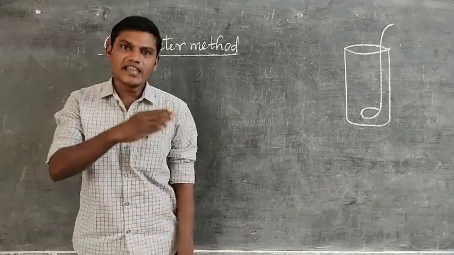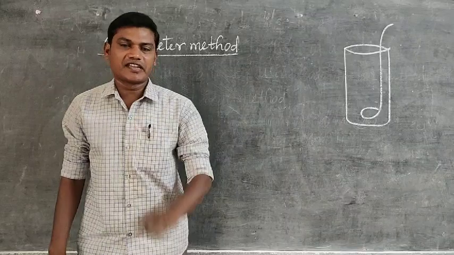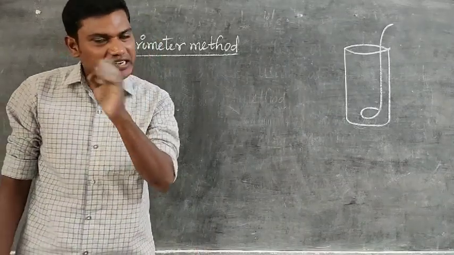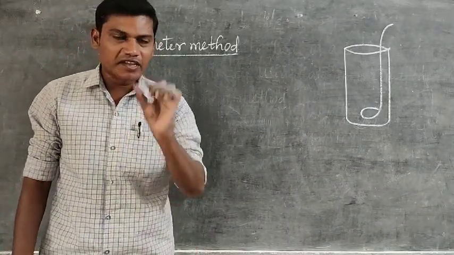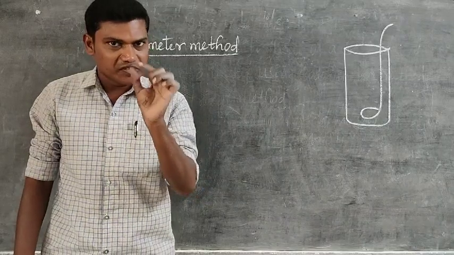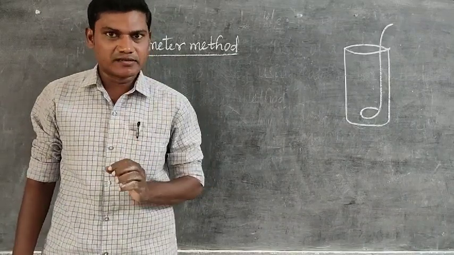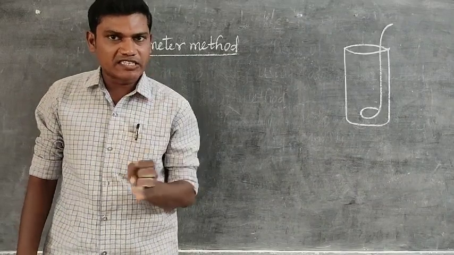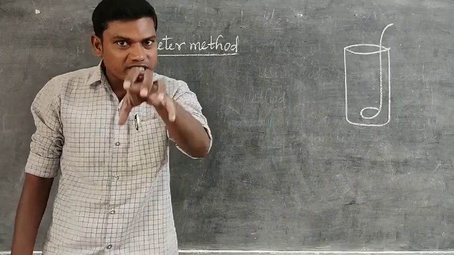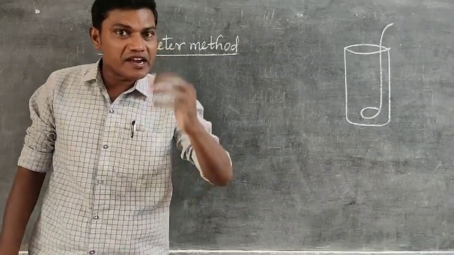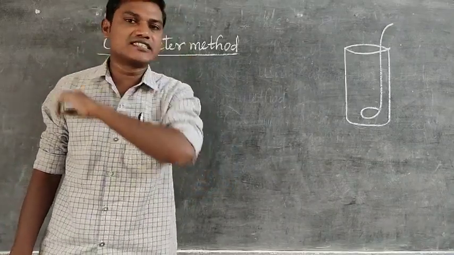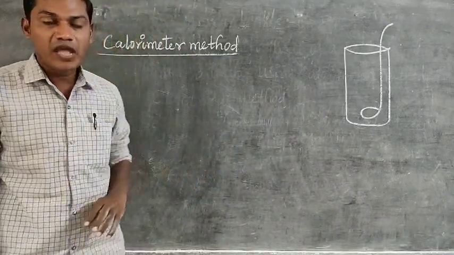In the previous video I said very clearly, calorimetry is a process. In the process of calorimetry we can easily find how much heat energy the given substance absorbed, or liberated or released. That is very clearly found out.